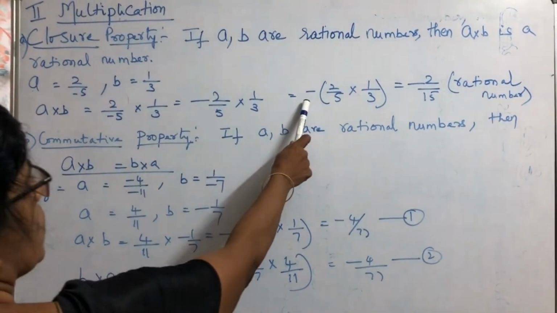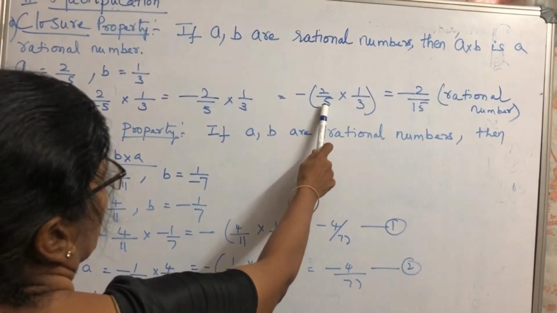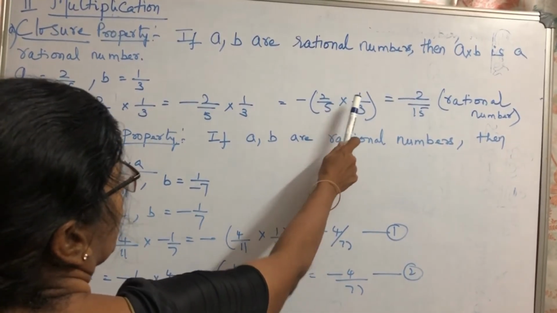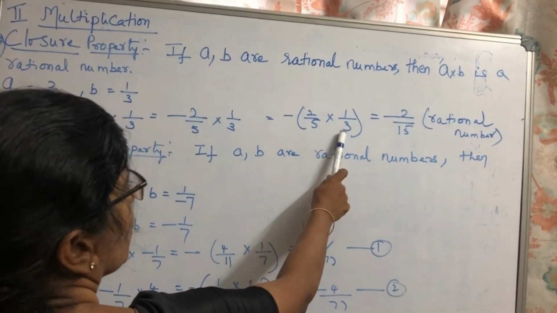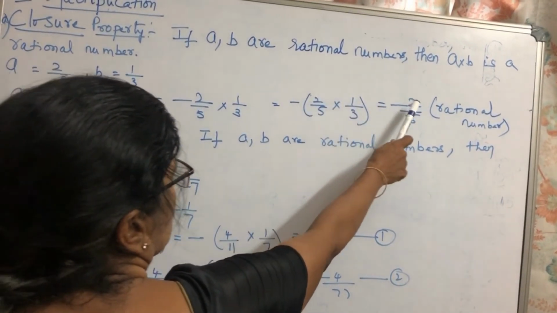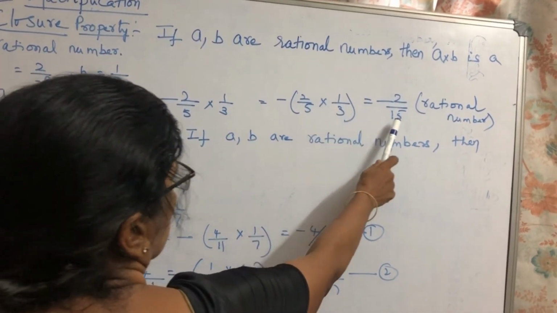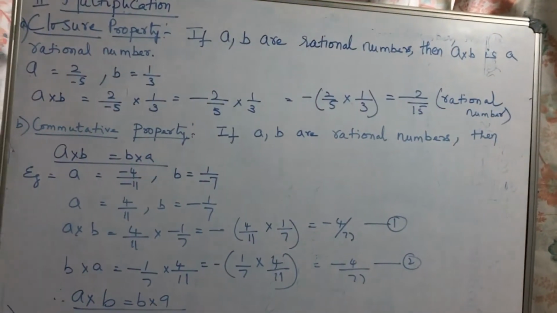Minus into plus is minus. And you can simplify the terms in the bracket. Simplification means you can cancel your numerator and denominators. Here cancellation is not possible, so we have multiplied the numerators. 2 into 1 is 2 and the denominator's product 5 into 3 is 15. Minus 2 by 15 is a rational number.